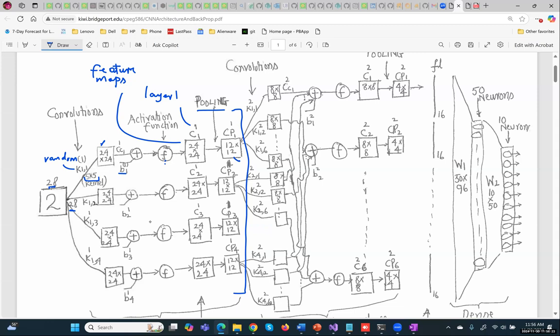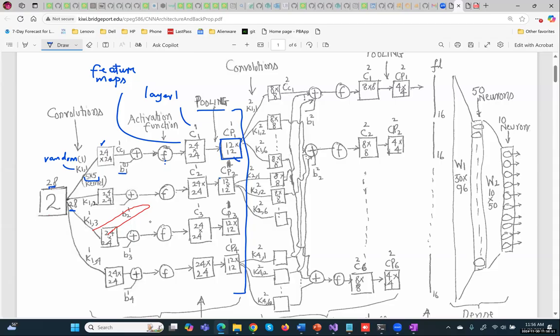Suppose we decide to apply 6 convolutions in the next layer. So to each one of these 4 outputs that we produce, how many convolutions are we going to do? As you can see, K11, K12, K16. There are 6 convolutions being done to the first image out of layer 1, right?